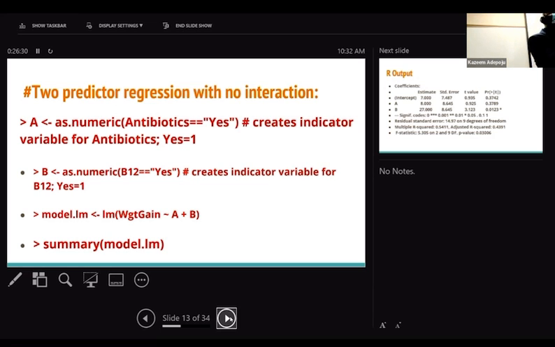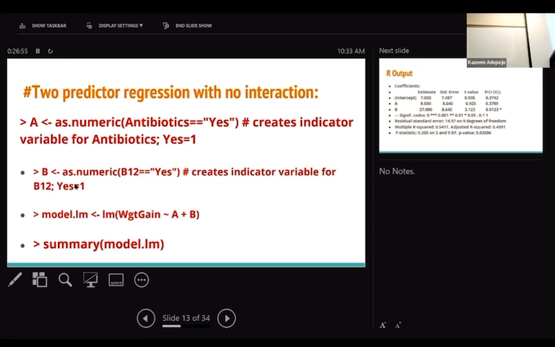I'm basically going to have two predictors. The first predictor has to be numeric. Antibiotic equal to what? Yes. When you are using antibiotic, it's going to be yes. When you are not using it, it's going to be no. I got A here for antibiotics. I got B here for B12.